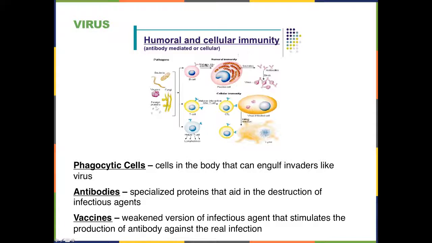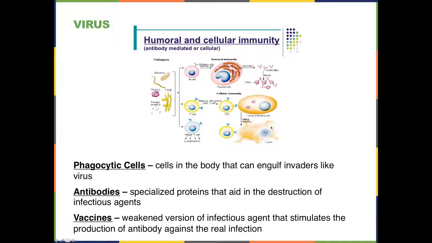And this is the humoral aspect of our immunity to virus. The other way is that when the virus infects a cell, the cell is changed in such a way that it's recognized as abnormal. Then phagocytic cells, cells that engulf invaders like virus or infected cells, come in and attack the infected cell and kill it before it can produce new virus.